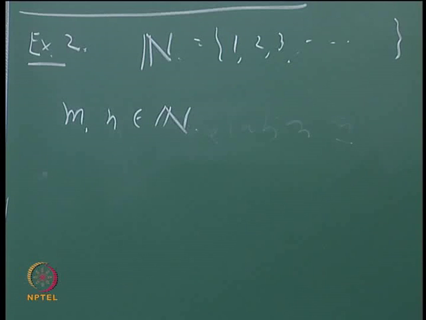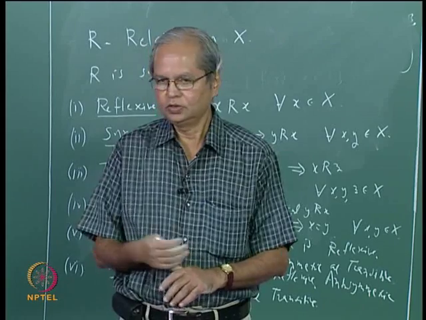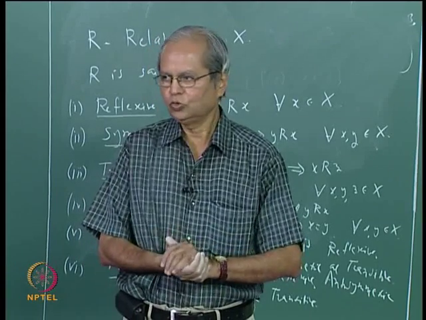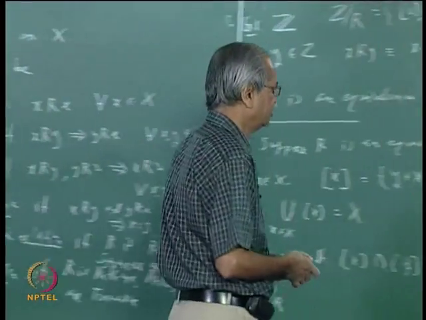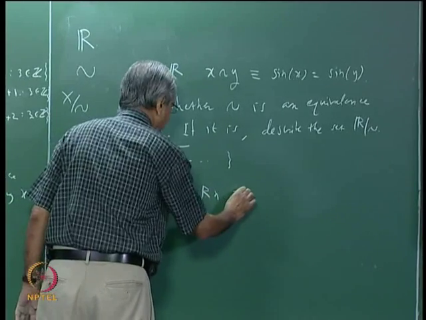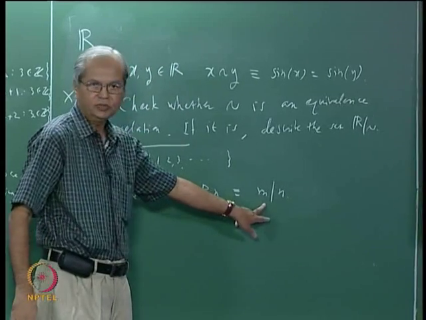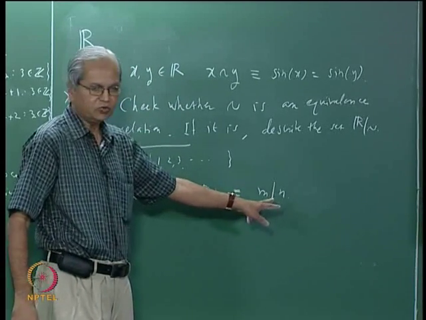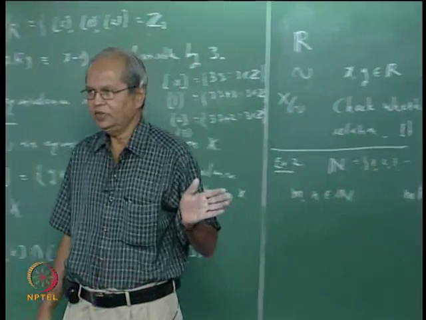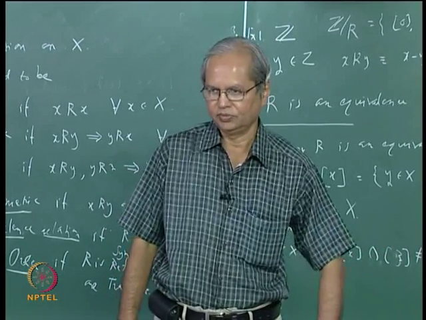I say that m is related to n if m divides n. For example 2 divides 4, so we say that 2 is related to 4. 2 does not divide 5, so 2 is not related to 5. You are familiar with this notation, m divides n. M divides n means there exists a natural number k such that n is equal to m times k.